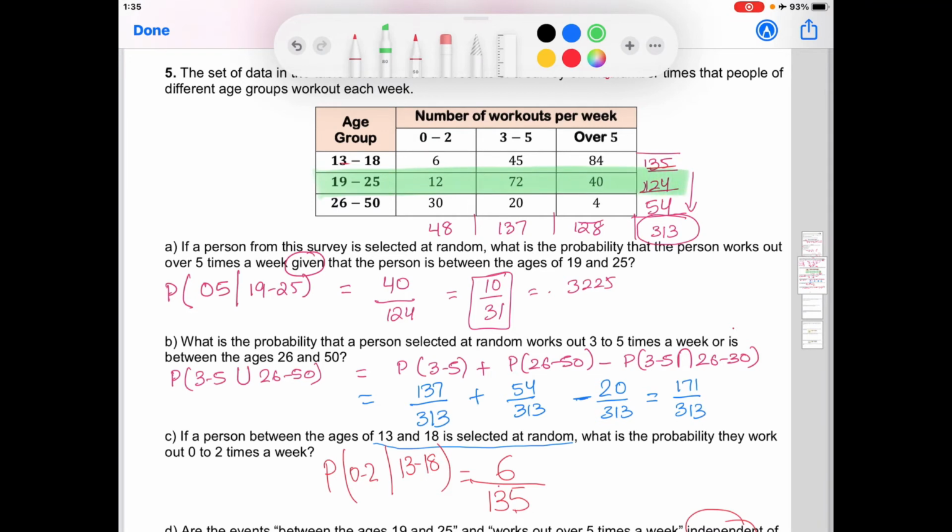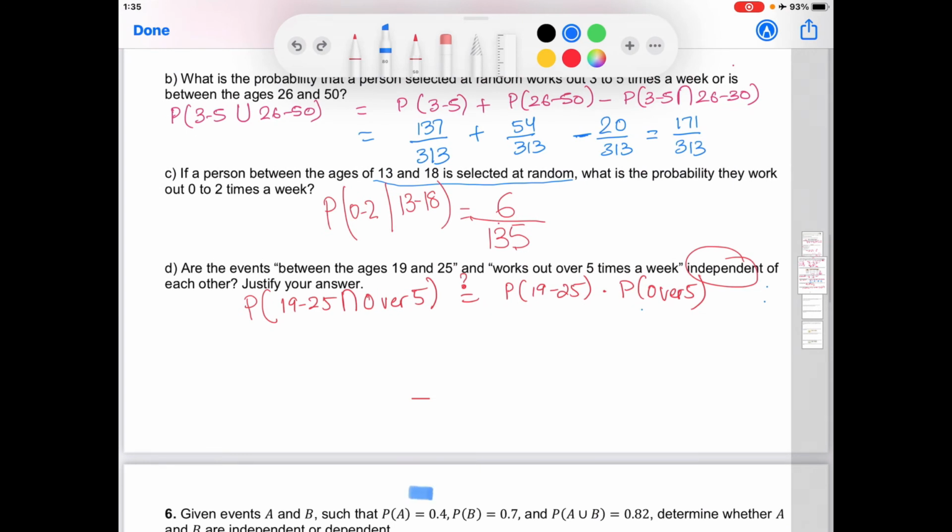Right, this group is 19 and 25, and then I have over 5. I'm going to do a different color so you can see it. Where's my overlap happening? At 40, right? So my numerator is going to be what? 40. So that would be 40 out of my sample space, which is 313.